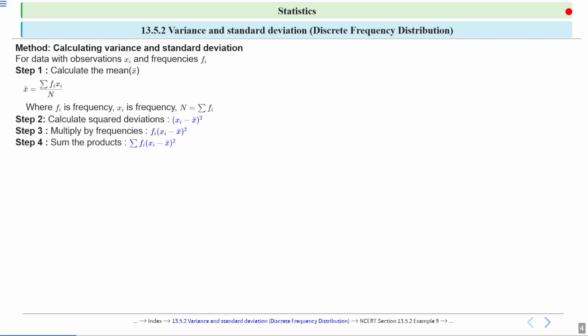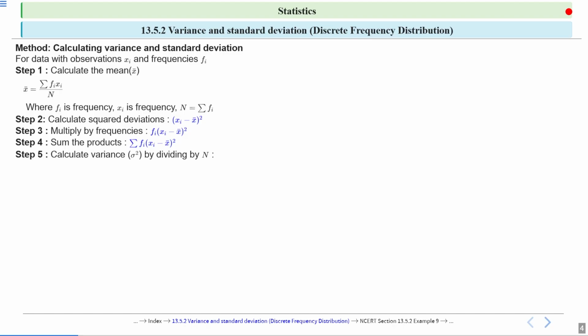Step 4 is to add up all these products. So we get the sum of products, summation fi times xi minus x bar whole square for all values. Step 5 is to calculate the variance, which we will call sigma squared.